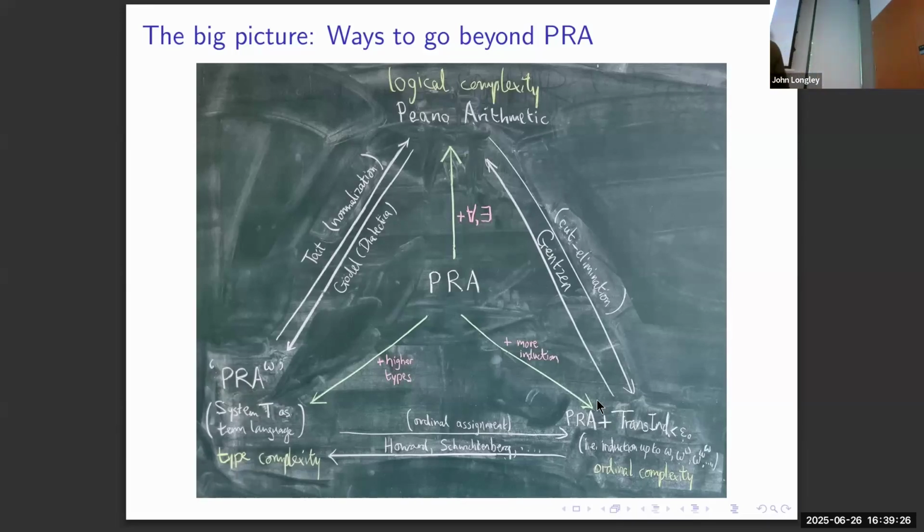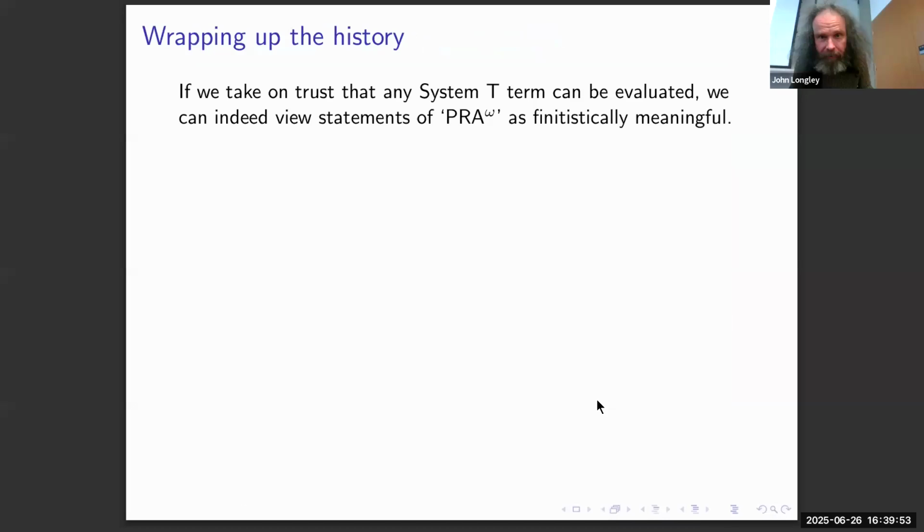And you can do various other kinds of trade-offs between them. So in some proof-theoretic sense, all of these languages have the same strength. They all have the same consistency strength, for instance. But it's interesting that you can trade between them. So this is the big picture to grasp. And we'll be looking particularly at the left-hand side here. I won't be saying very much about ordinal complexity, though it may come up briefly.